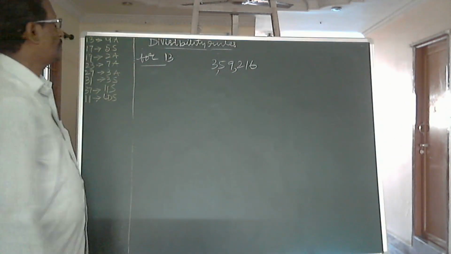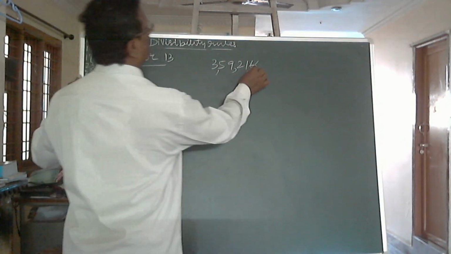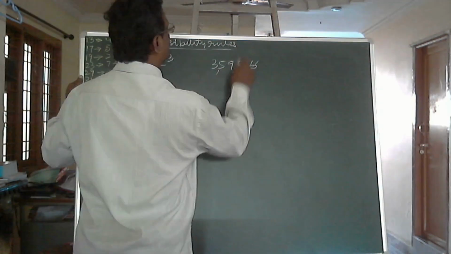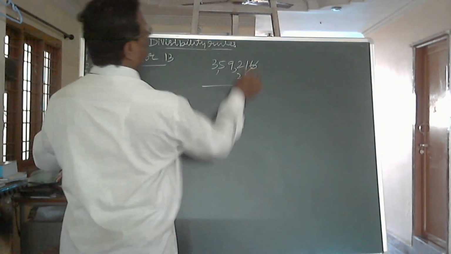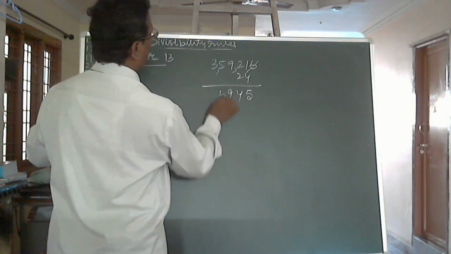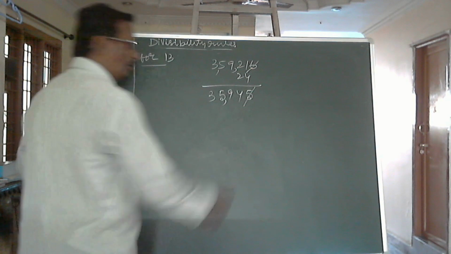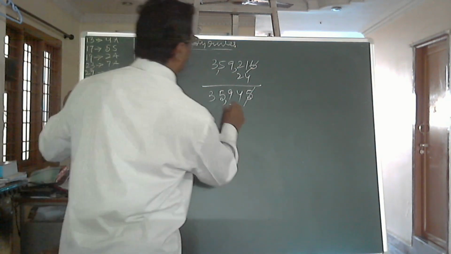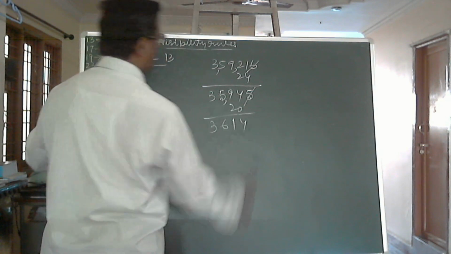359,216. 4 times the last digit is to be added. When we cut this 6, 6 fours are 24. Add 4 times. 4 plus 1, 5. 2 plus 2, 4. 9, 5, 3. 35,945. Cut this, 4 times of 5 is to be added. 20. 4, 11, 6, 3.